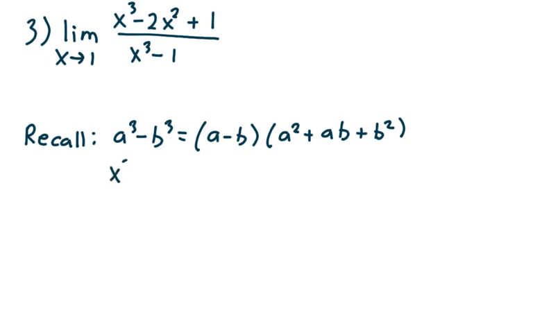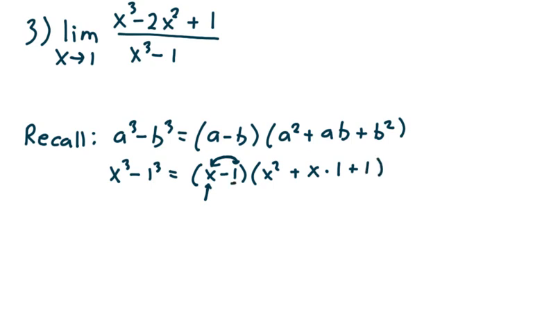So if I take x cubed minus 1 cubed, this is equal to x minus 1 times, square the first term, so I get x squared, multiply the x and the 1 together and change the sign, so I get plus x times 1, plus, and then I'm going to square the last term, which gives me 1.